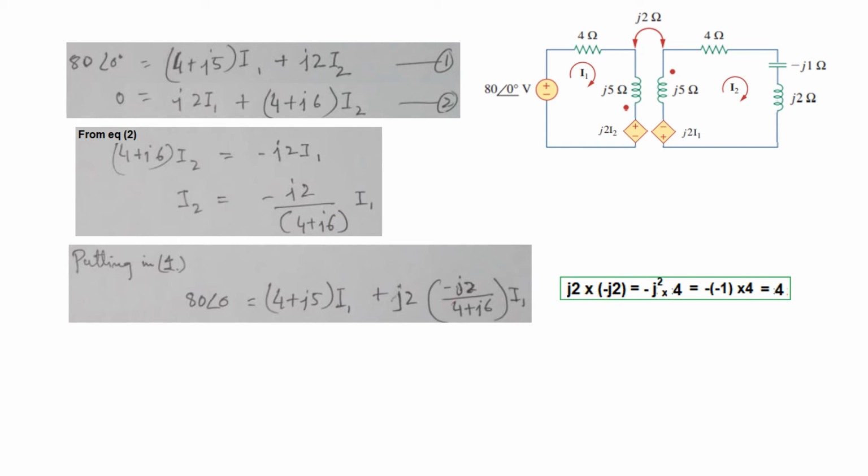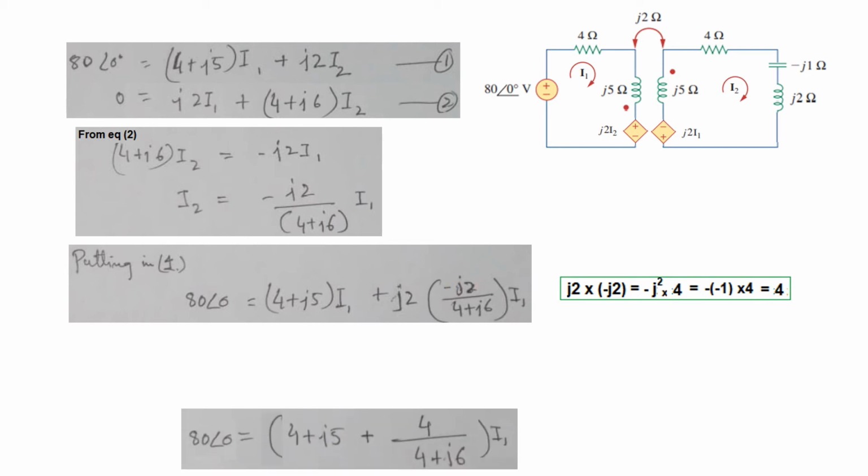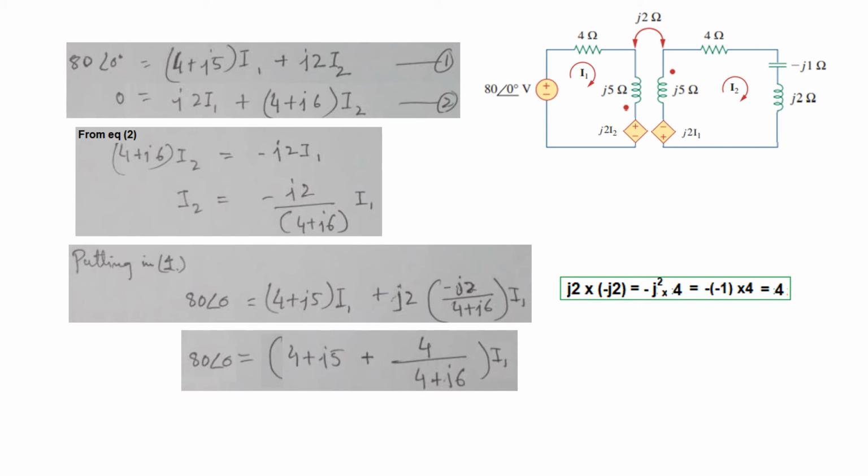So we have a minus sign, then we have a j squared, and then we have 2 times 2, which is 4. Now j squared itself is minus 1, so minus minus is plus, so the net answer will be 4 in the numerator. So now it will be 4 divided by (4 plus j6), and now we can bring I1 here to find the input impedance.